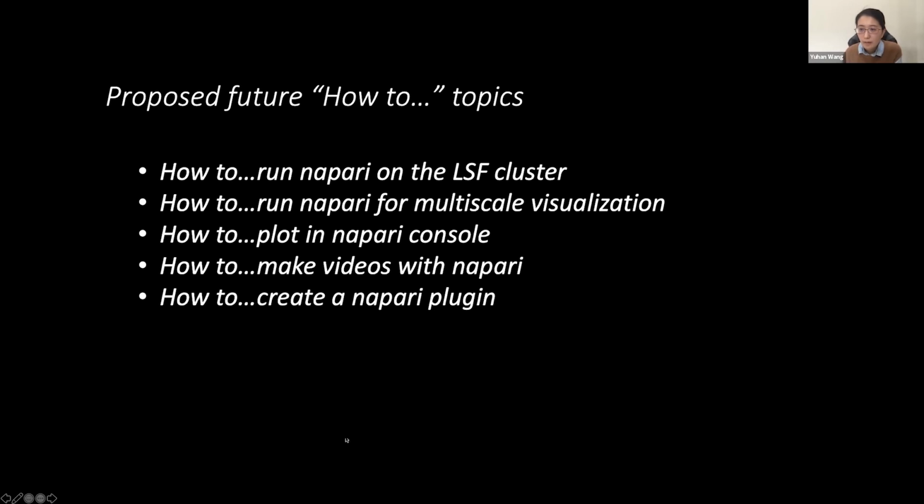Can we combine some of these plotting functionalities so we can visualize the dimensionality reduction and see where the molecular clusters are, and also see where they are in space? That could be very interesting. So yeah, that's all I have.